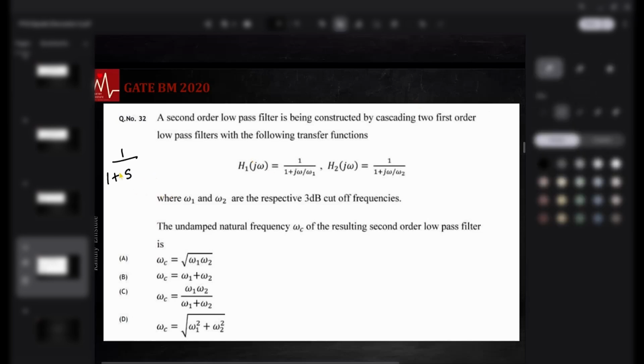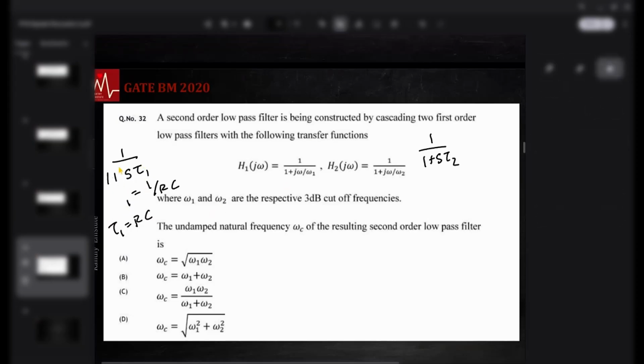This is of the form 1 by 1 plus s tau. This is also of that form, 1 by 1 plus s tau. 1 by omega 1 is tau 1. So omega 1 will be 1 by RC, and the time constant will be RC. Okay, but look at the term 1 by 1 plus s tau.